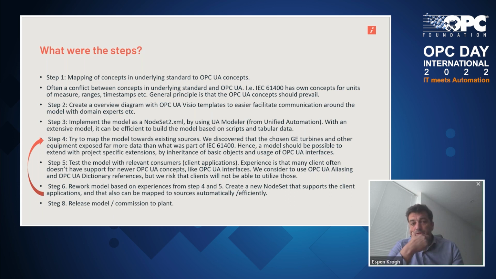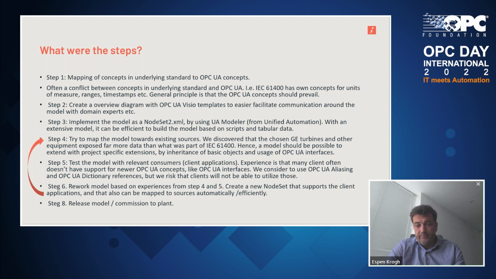When we tried to do this, we discovered that the chosen General Electric turbines in the Dogger Bank and other equipment exposed far more data than was already part of the IEC 61400. Hence, we saw that the model should be possible to extend with potential project-specific extensions, but they should inherit from well-defined types in the information model or use OPC UA interfaces to solve this.